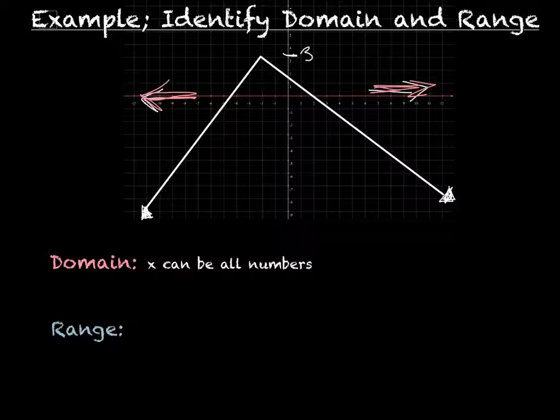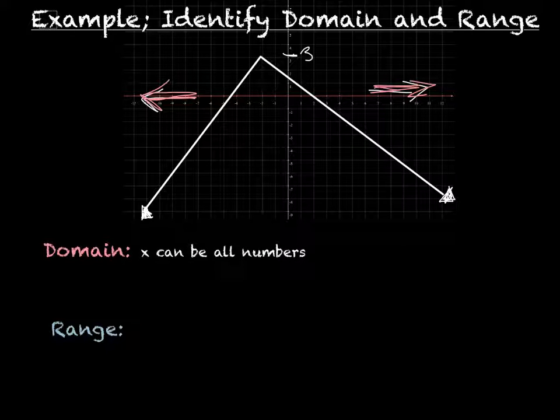So how I could write that as an inequality is negative infinity is less than x, which is less than positive infinity. Okay, so that would be if I wrote it as an inequality.